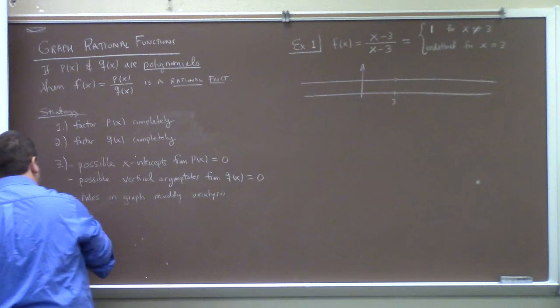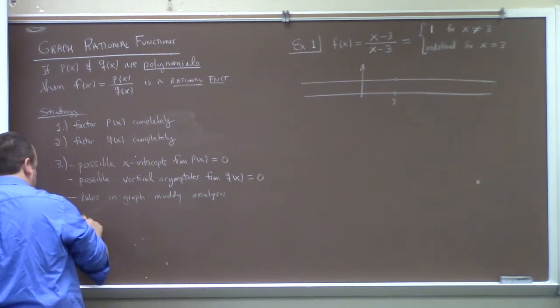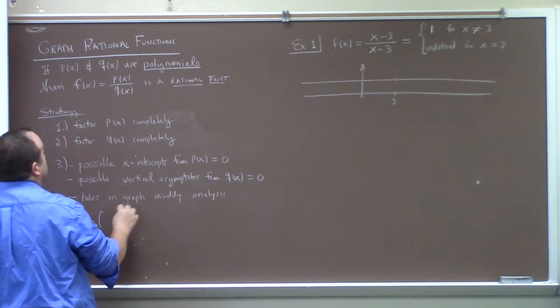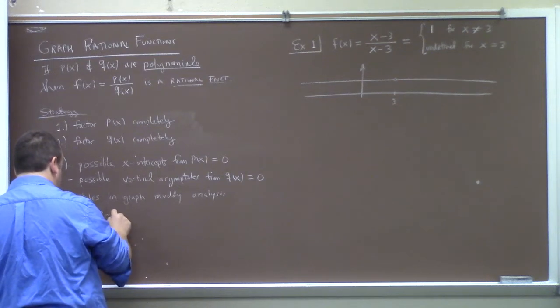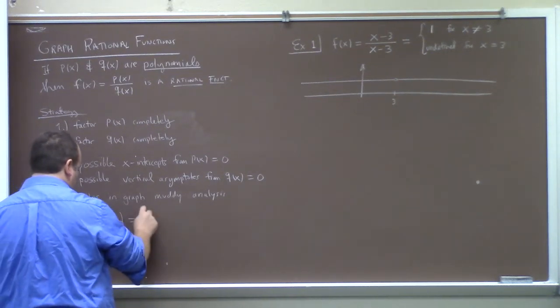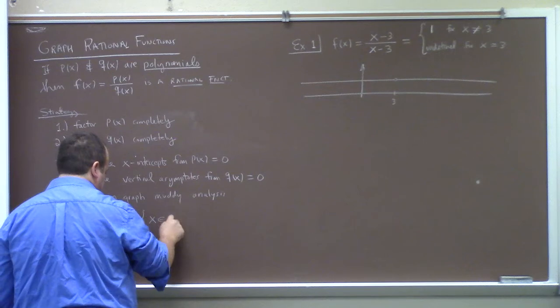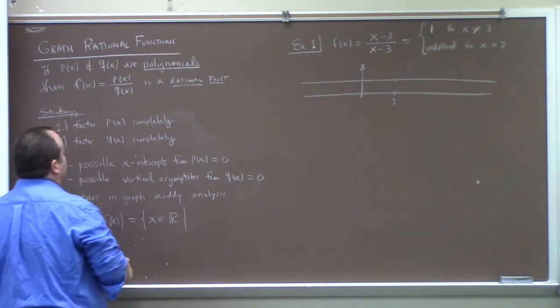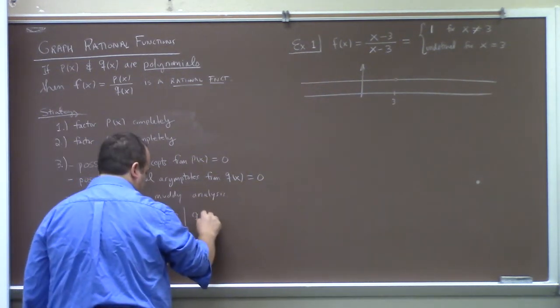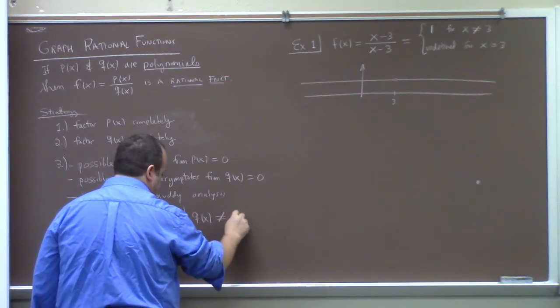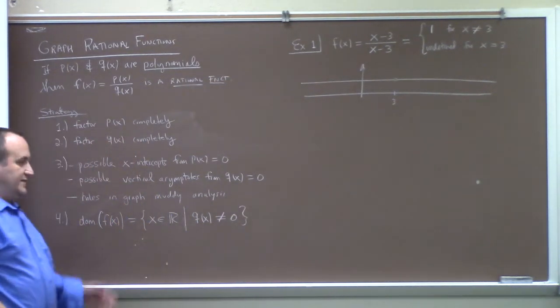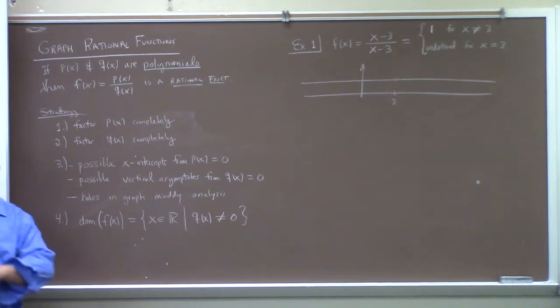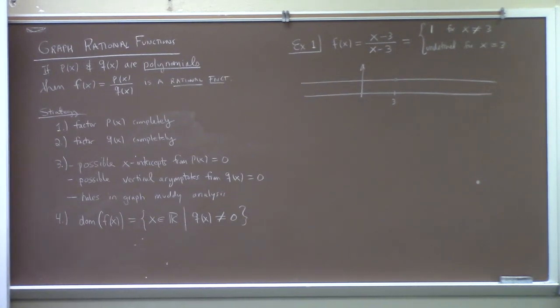I guess I could add a number 4 here. What's the domain of f? It would be x in the reals such that q of x is not equal to 0. So basically the domain of the rational function is everything except where your denominator is 0.